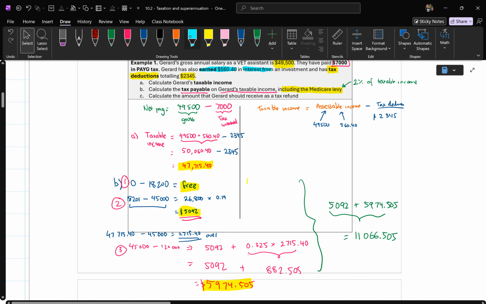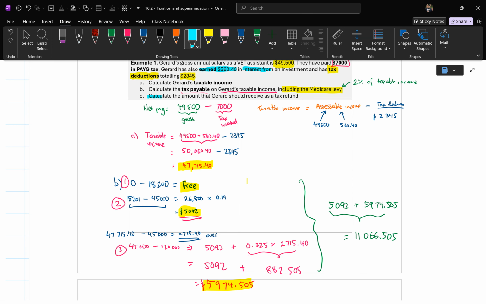Part C says calculate the amount that Gerard should receive as a tax refund. Will Gerard receive a tax refund? Think about the amount of tax he paid already and how much tax he owes. No, he wouldn't be. Why?